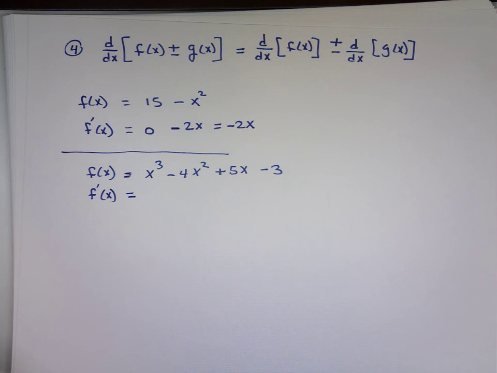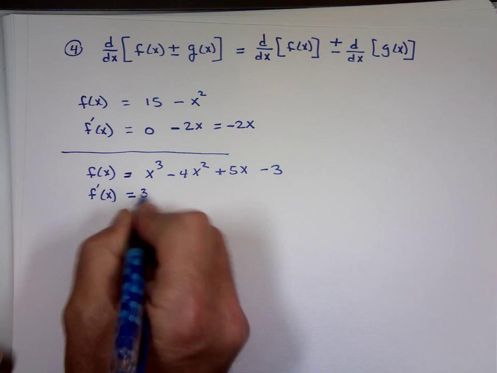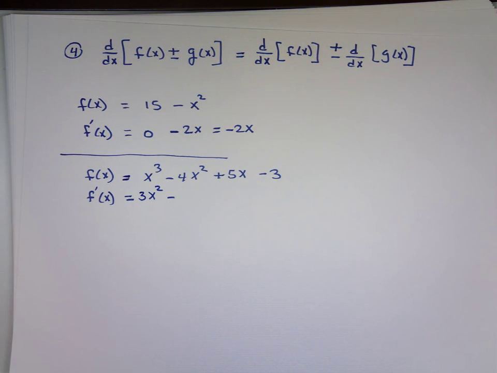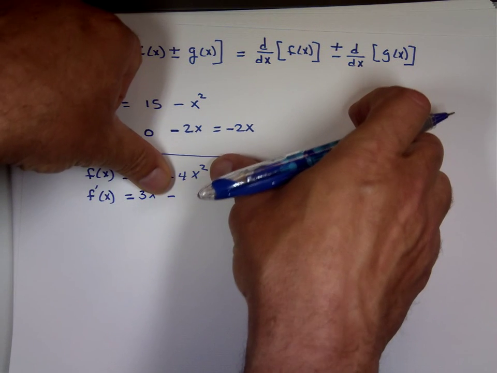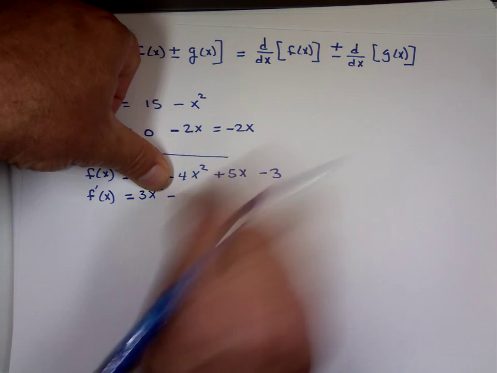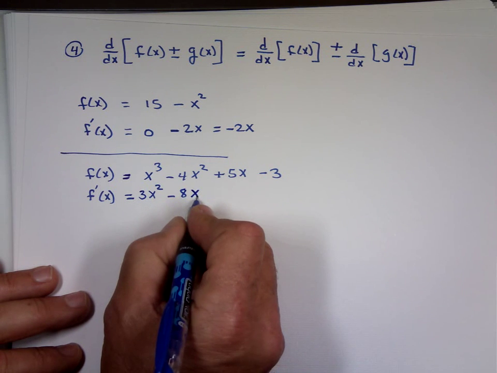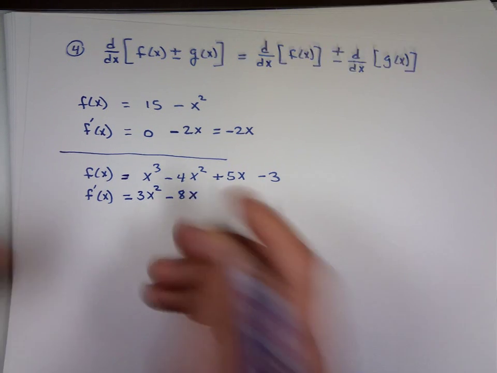What's the derivative of x cubed? 3x squared. 3x squared, yes. Here's the minus sign. Now let's look at that. What's the derivative of 4x squared? Just that one. 8x. 4 times 2, 8, and you subtract 1 from the power. 2 minus 1 is 1. You don't have to put the 1.